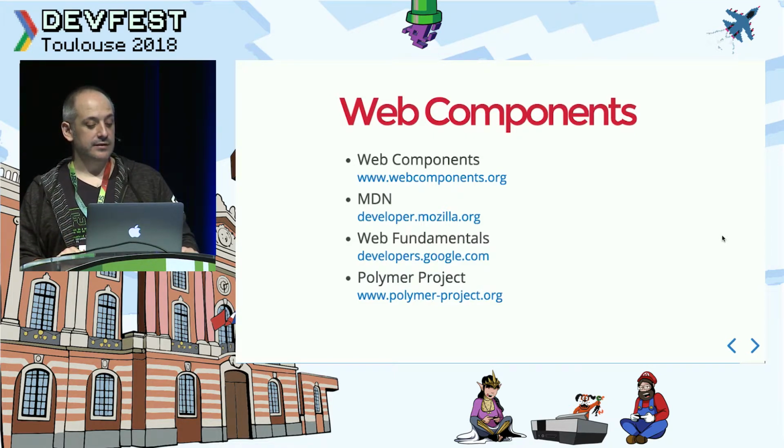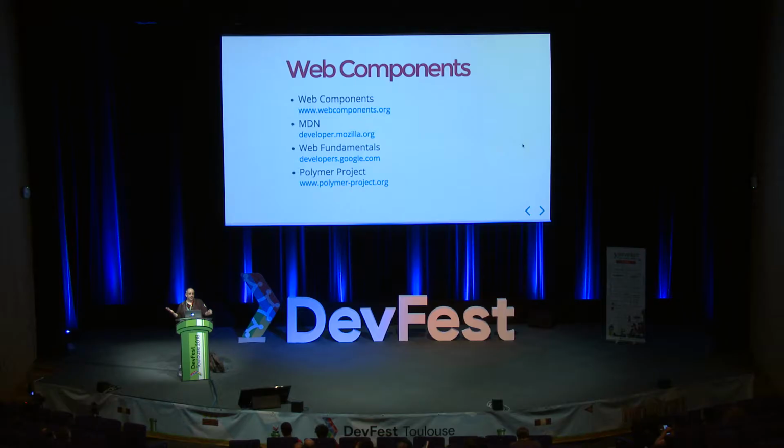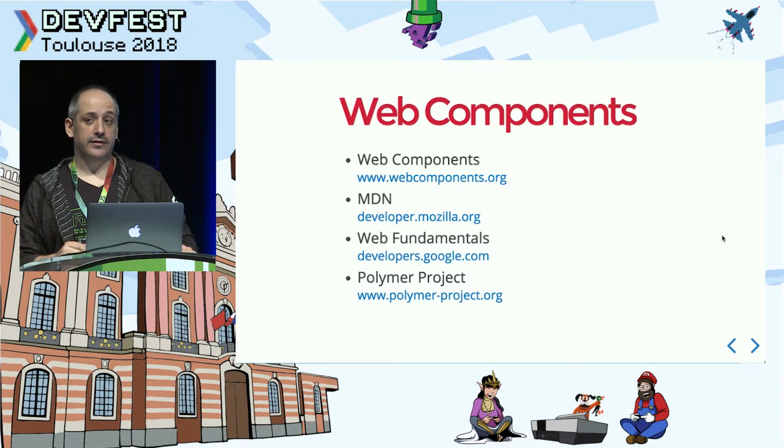Web fundamentals, where they have a couple of good read-ups about it. Polymer project, if you want to just develop with web components and you don't want to use any frameworks, just go for it. A great project. They released version 3 a few, I don't know, maybe 1 month ago, 2 months ago, something like that.